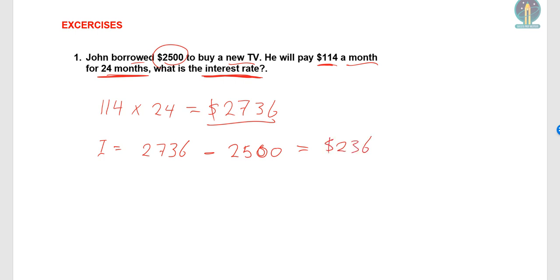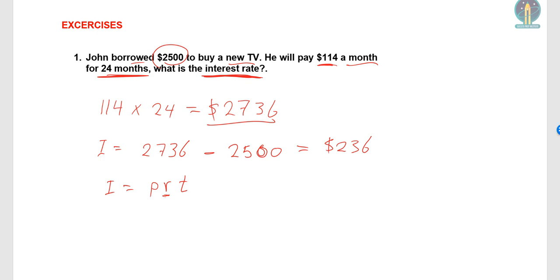Going back to our formula, we have I equals P R T. Actually, let's isolate the R first to make it easier, instead of substituting numbers and then isolating the R. Here we are looking for the R, our unknown, the interest rate.